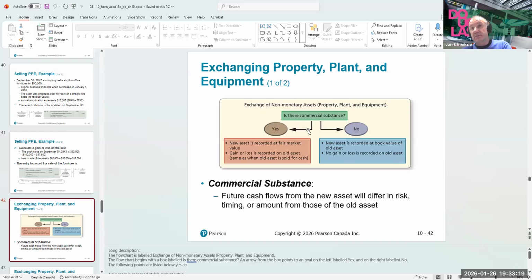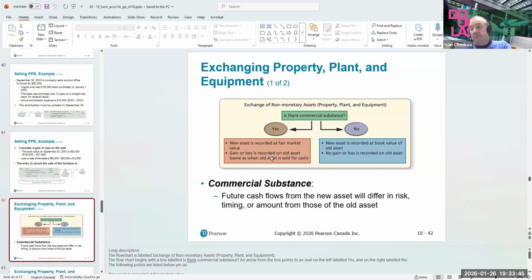If there's a commercial substance, if I'm exchanging a vacuum cleaner for a truck, now the future cash flow for the truck will be significantly different than the vacuum cleaner. Then there's a commercial substance. So what do you have to do? The new asset has to be recorded at the fair market value.